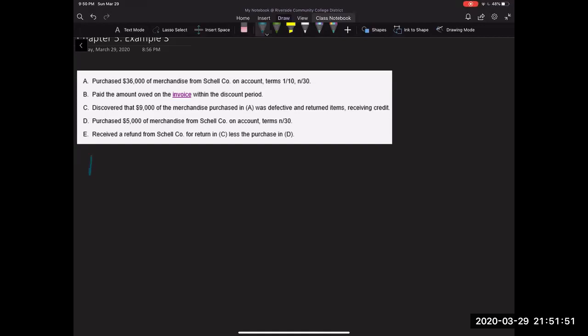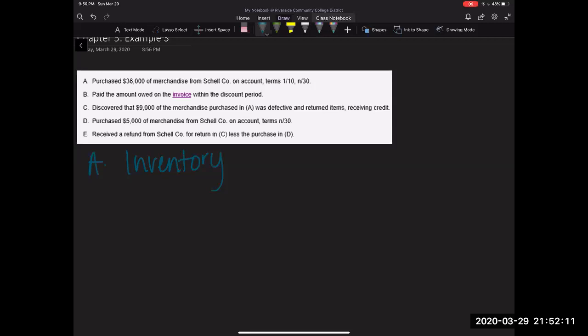Okay. So in A, our journal entry, remember we are always taking the discount no matter what, right? To do this journal entry, we're going to do a debit to our inventory. Our assets are increasing, so inventory is a debit.